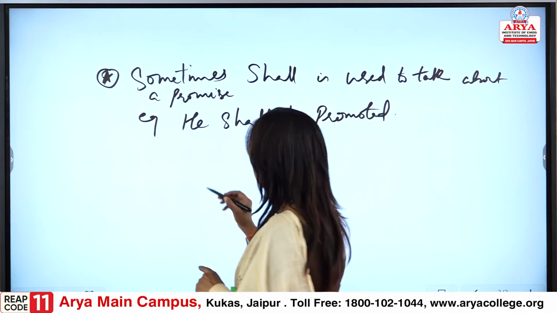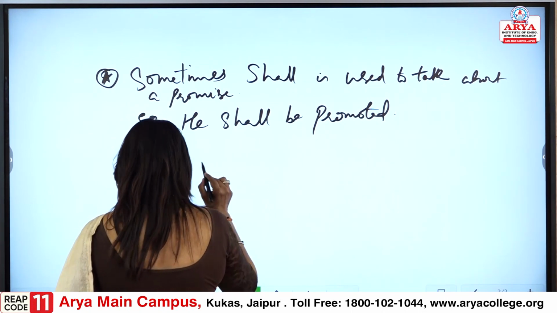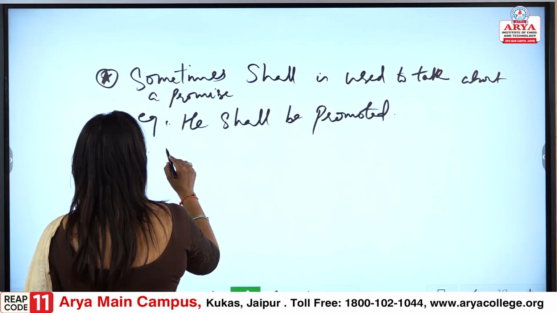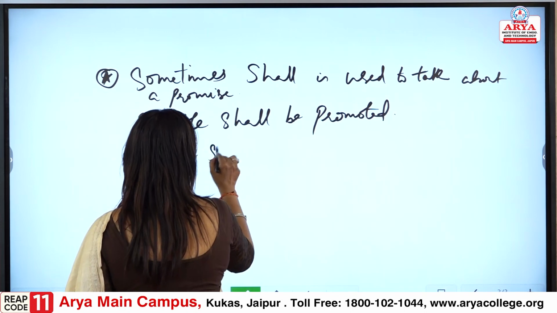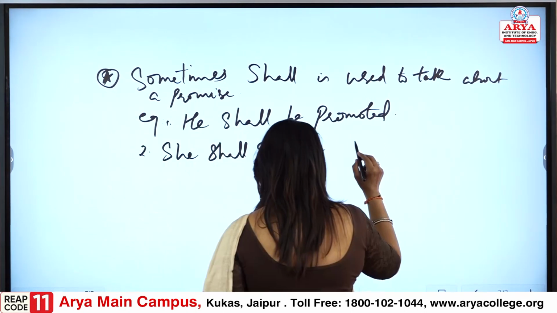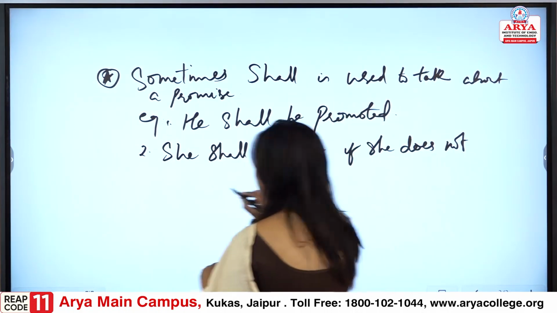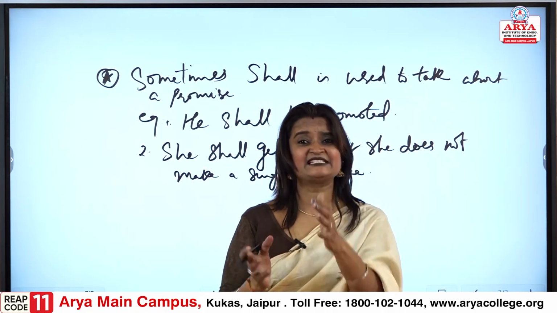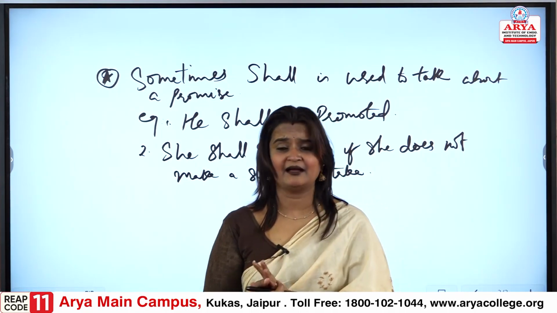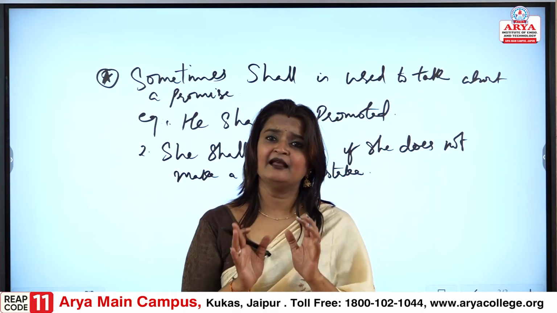Fine. Another example, let me give you. She shall get a prize if she does not make a single mistake. Like, to kids we say, if you don't make a mistake, you shall get the prize.